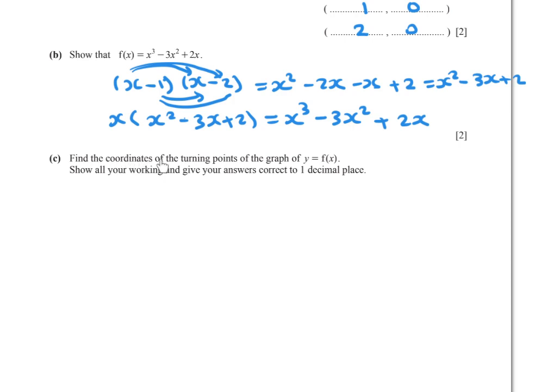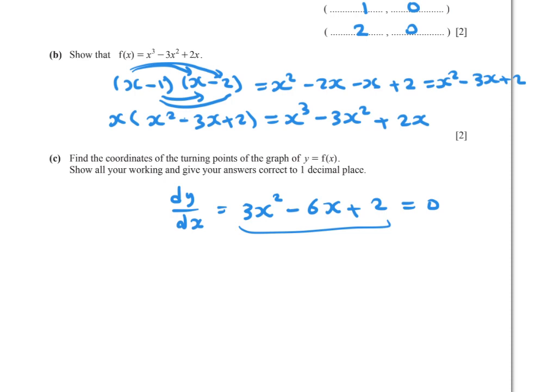C. Find the coordinates of the turning points of the graph of y equals f(x). So to find the turning points, find the derivative dy/dx, which equals 3x^2 minus 6x plus 2, and equate the derivative to 0 and solve this quadratic.